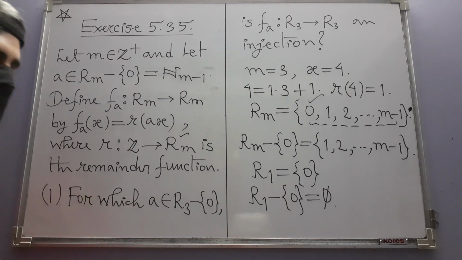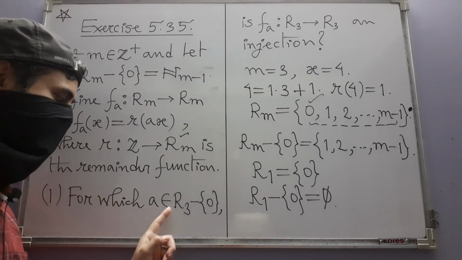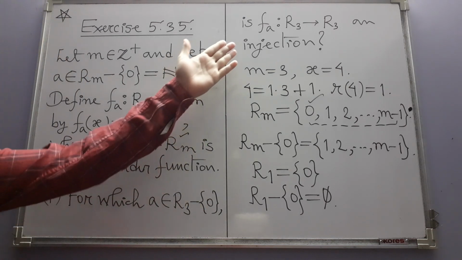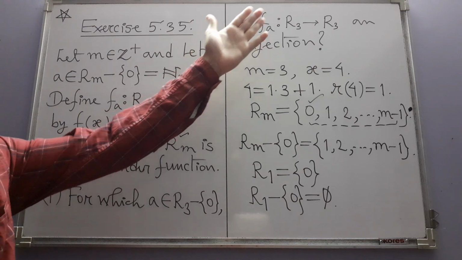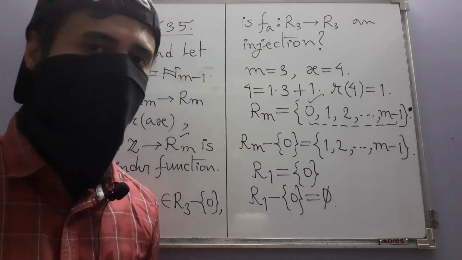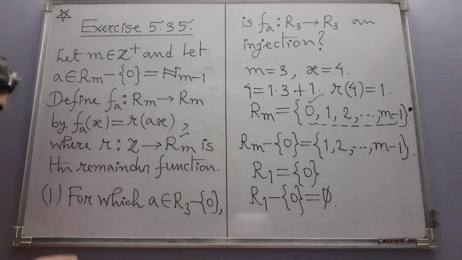Now, this is the question. For which a in this set R3 difference 0 is our function fa from R3 to R3 an injection, an injective function or one-to-one function? Let's see. Actually, there are other parts also.